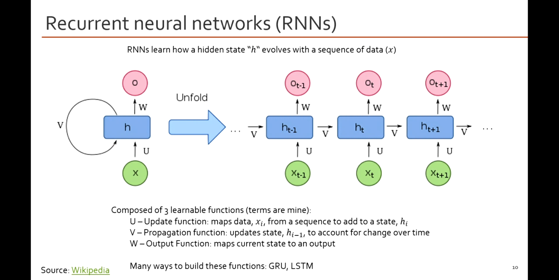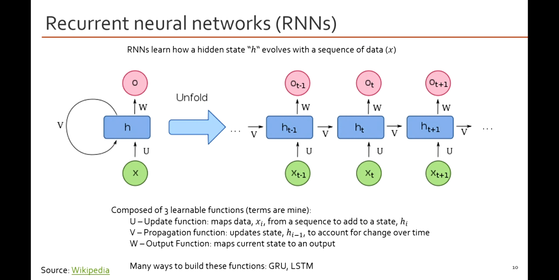The first of which is an update function, and these are terms that I came up with to help me understand it, which takes the current feature that I've seen in a sequence, denoted by X, and uses it to update a state. I then have a propagation function that takes that state, which here we denote H, and updates it to provide a new history that describes how our sequence has evolved, or how what we know about the sequence has changed.